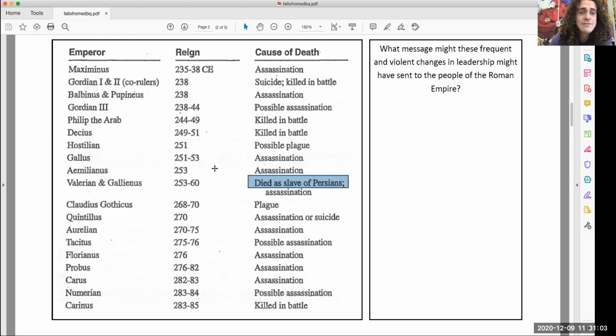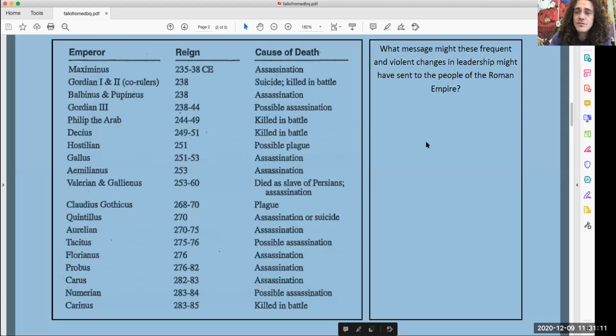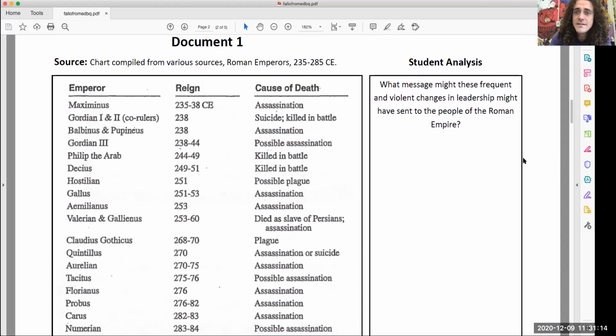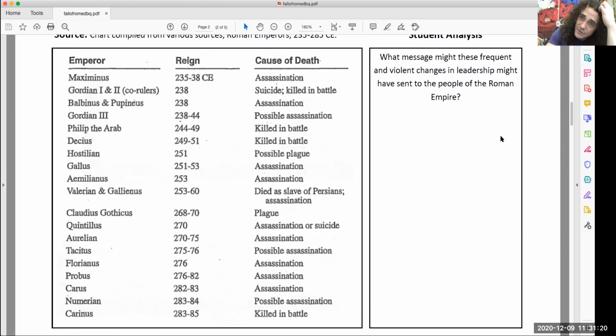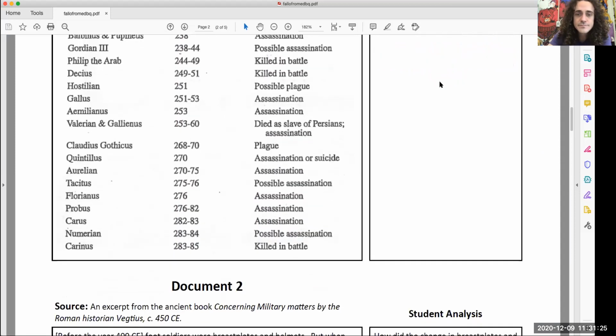So you don't even need to know the exact information about these rulers, and obviously they give you a hint. I gave you a hint over here: what message might these frequent and violent changes in leadership have sent to the people of the Roman Empire? That's giving you a tip of where you can go in that direction.